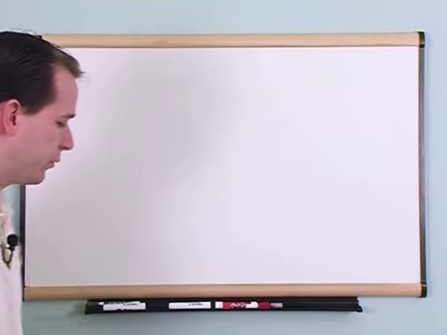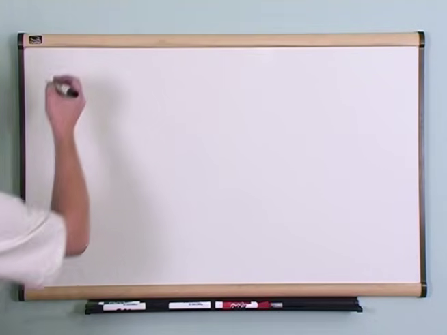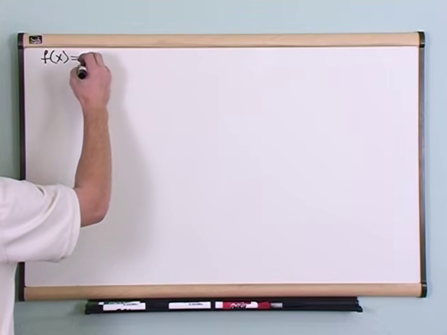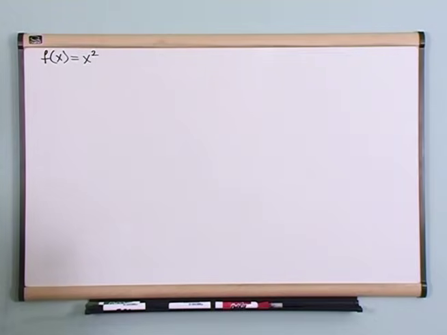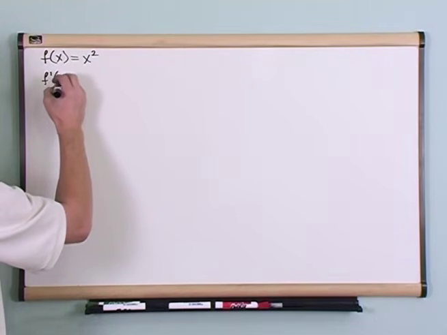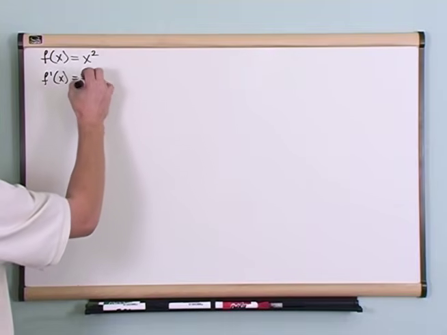Now recall, in order to develop this idea of what an integral is, I'm going to use an analogy from what we've already talked about, which is the derivative. Remember back at the very beginning when I said, okay, here's a function of x and it's x squared. And I asked you to take the derivative of that, f prime of x, and you already know now that that's just 2x.